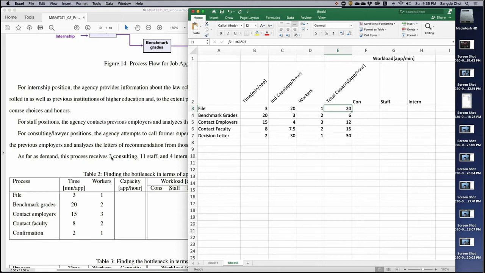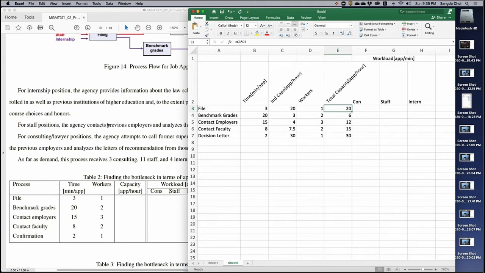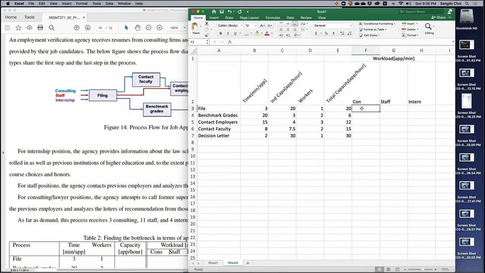For example, consulting: they have 3 consulting applications every hour. For consulting, it goes through filing 3 here, contact faculty 3 here, contact employee 3 here, and finally the decision letter. So if we receive 3 consulting applications, they go through all these processing steps.